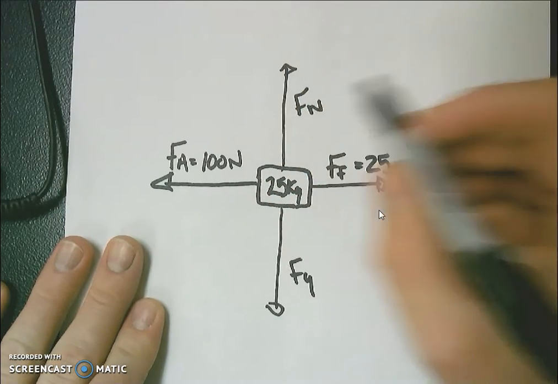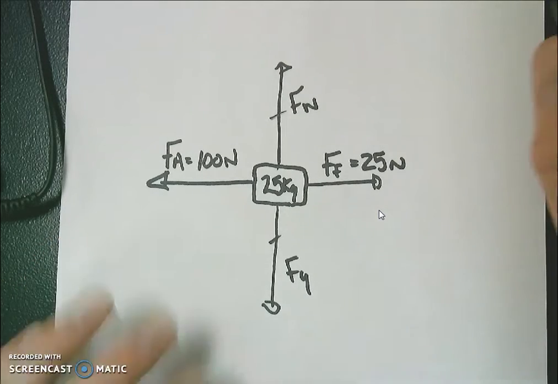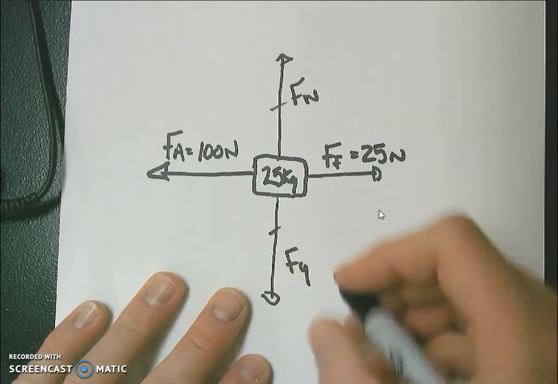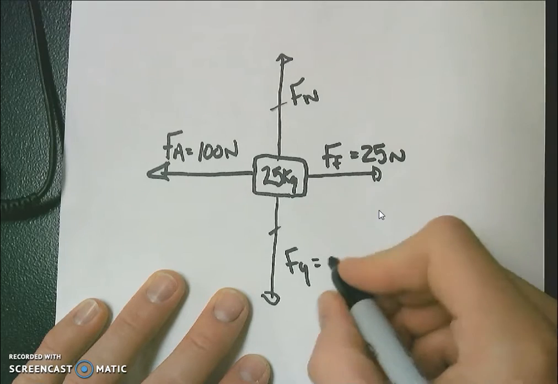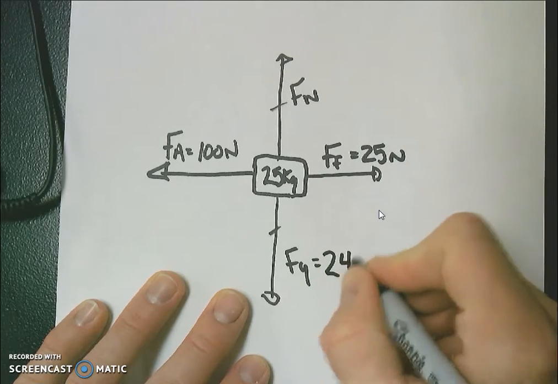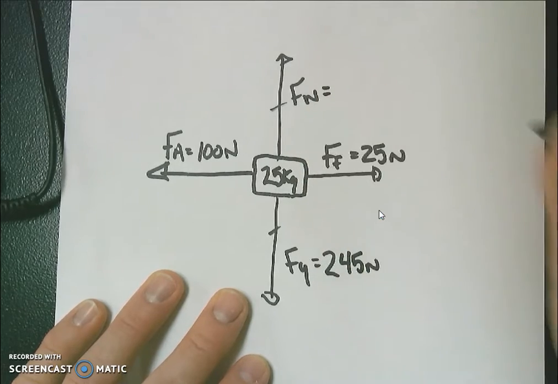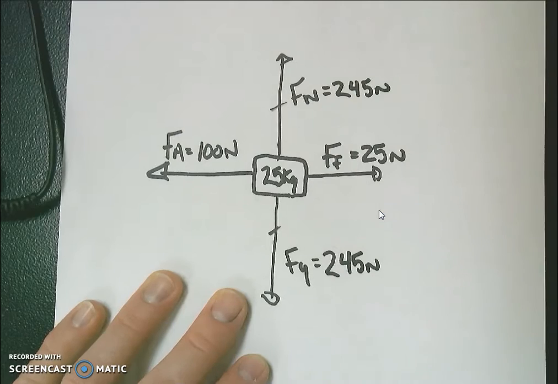Since it's a flat surface, those two will balance and cancel. 25 kilograms times 9.8 gives me my force of gravity, or my weight, which is 245 newtons. Since these are equal, my normal force is also 245 newtons.